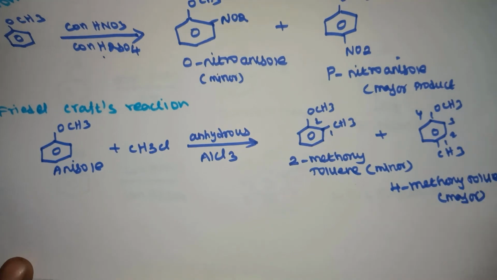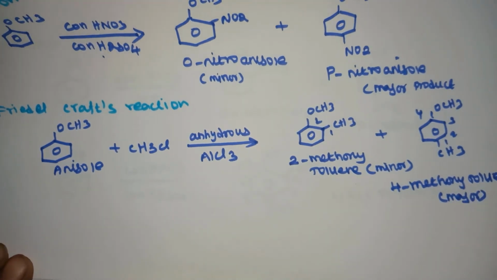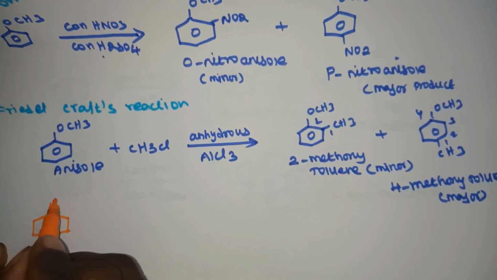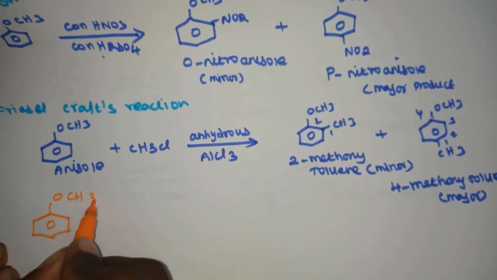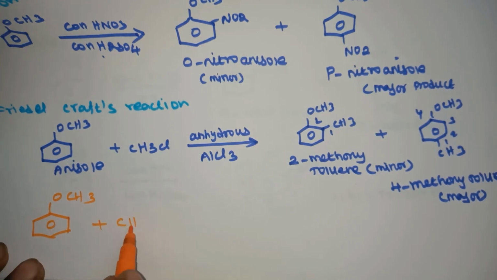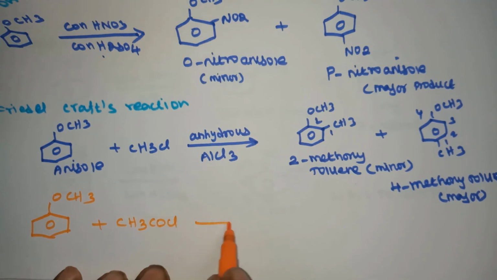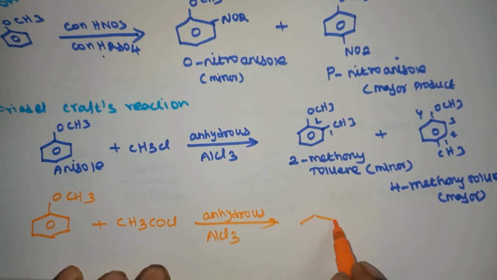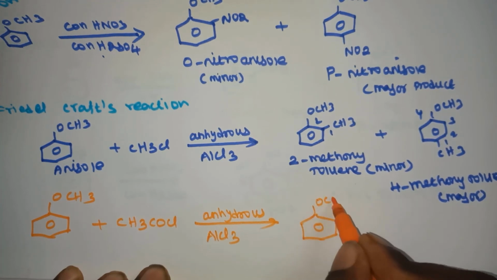Next one is the Friedel-Crafts acylation reaction. Example, anisole. This is anisole. Anisole reacts with acetyl chloride, CH3COCl, in the presence of anhydrous AlCl3 to form an ortho product and para product.